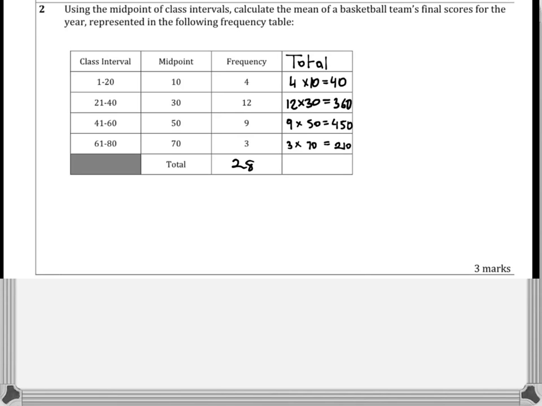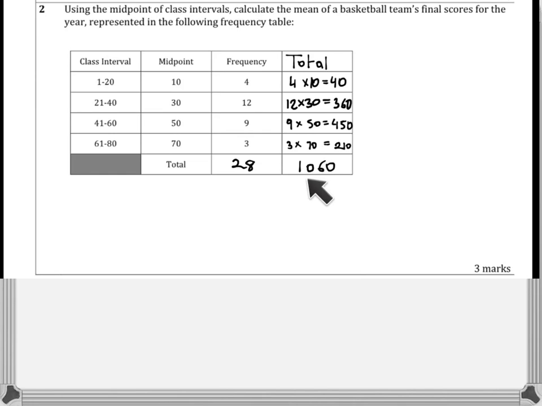And it's also important to note how many data values we have. Well, the frequency or amount is the number of data values we have in each group. So if we add these up to get a total, it gives you the total amount of data values we have altogether.